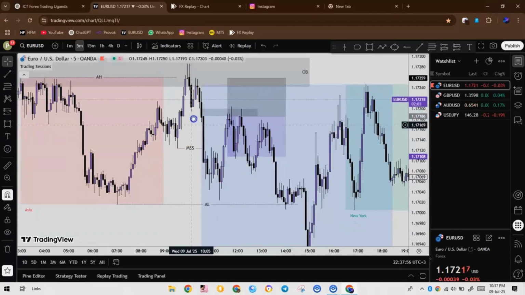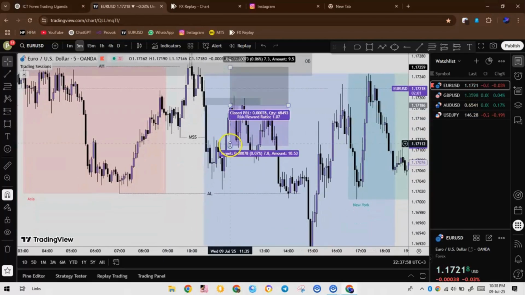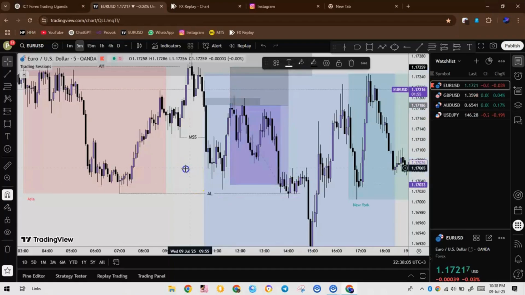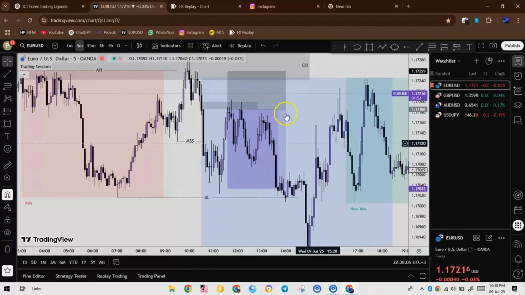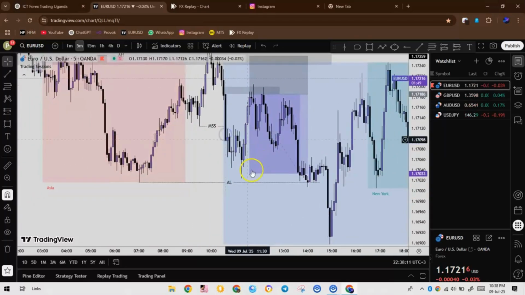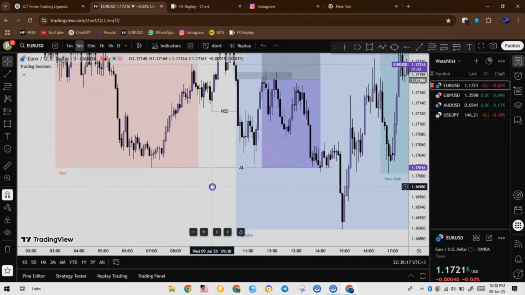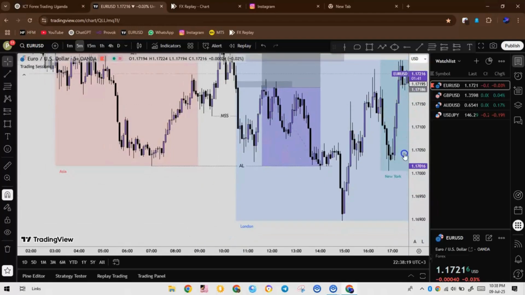I put my stop at this high, as I said, and put my take profit at 2, as I always said I take, 1:2 risk to reward. And yeah, it came out as a profitable trade. But as you know, I said you can always take out an Asian low, and it also took out the Asian low.